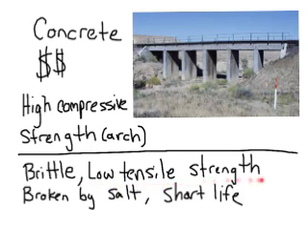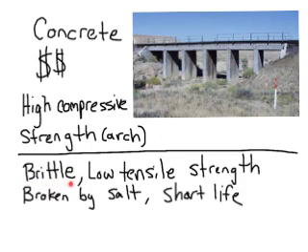Concrete has a low tensile strength, which means when you get to the abutments for an arch, where there is going to be some tension, you're going to see fracturing, you're going to see cracking with that concrete.